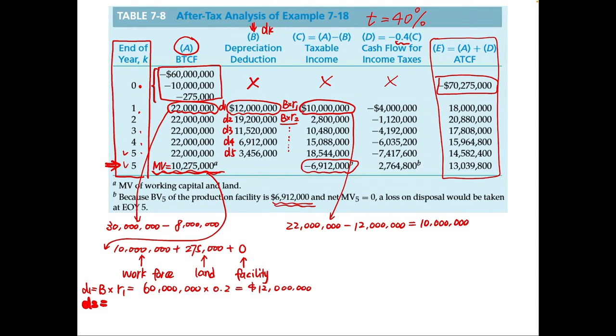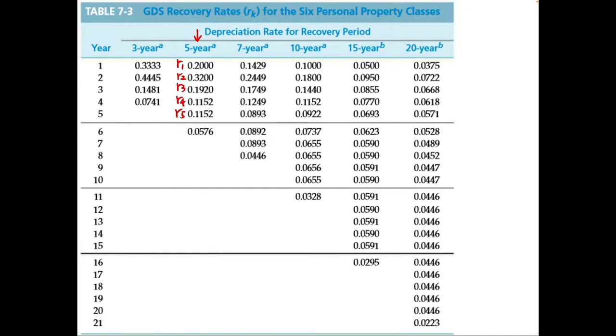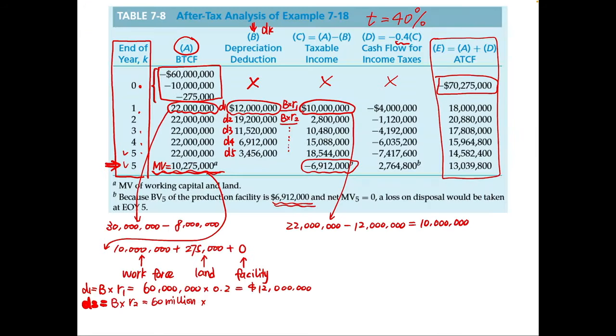And the D2 is B times R2. Okay, so it's 60 million times R2, which is 0.32. Okay, so if you calculate, it's 19,200,000.